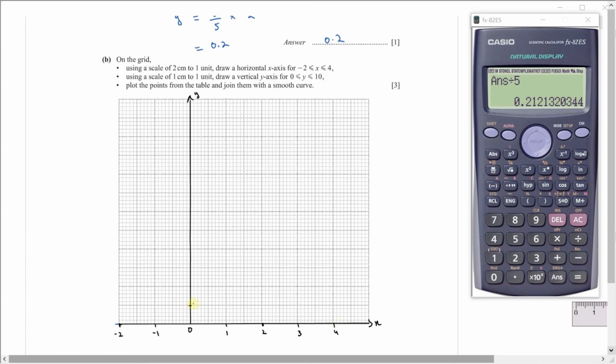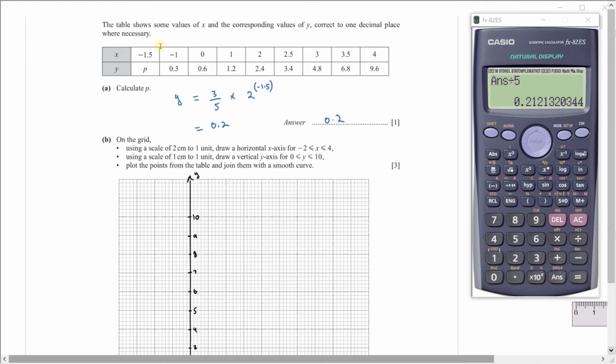And your y values will be 1, 2, 3, and 10. So this will be your axis. Now we can plot the points.